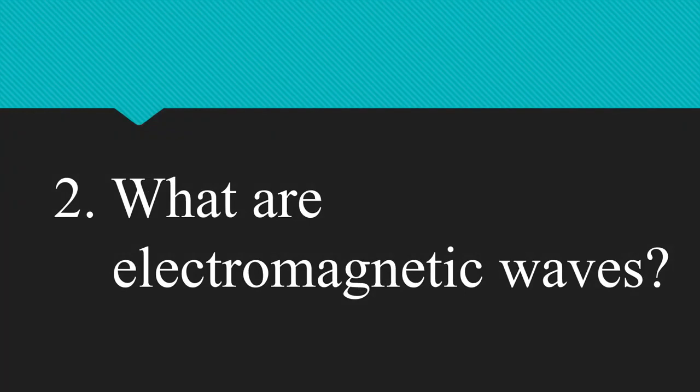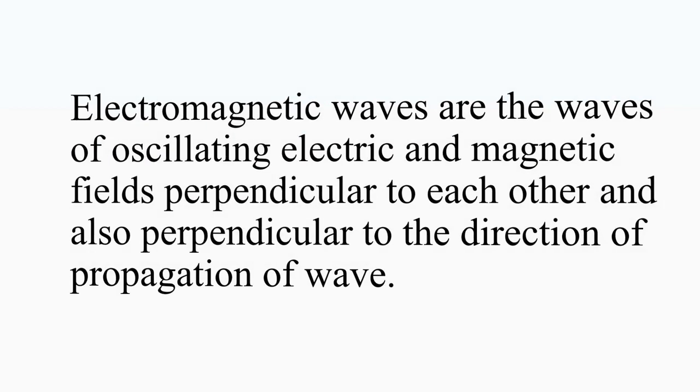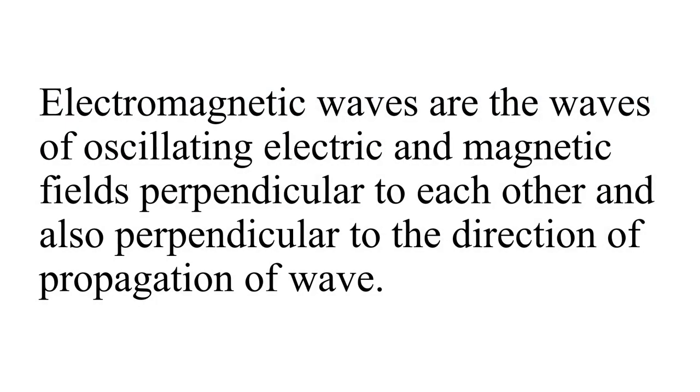Now, question number 2. What are electromagnetic waves? Electromagnetic waves are the waves of oscillating electric and magnetic fields perpendicular to each other and also perpendicular to the direction of propagation of the wave.